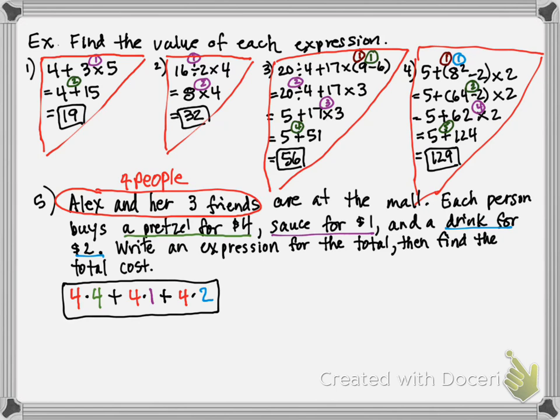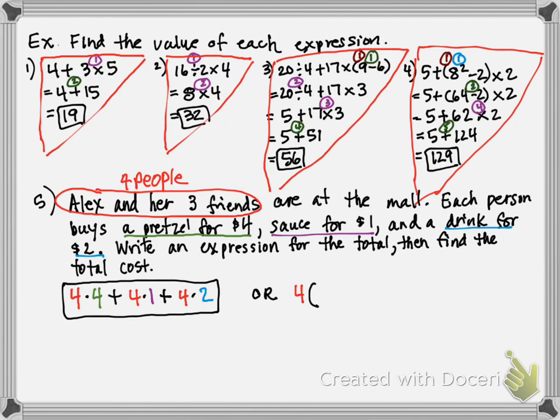Now, do you see something that's the same for all those little parts? 4 times 4 plus 4 times 1 plus 4 times 2. So a secondary way to have written this problem, and maybe you already thought of it, would be I have 4, and I'm going to multiply it by all the costs of the food.